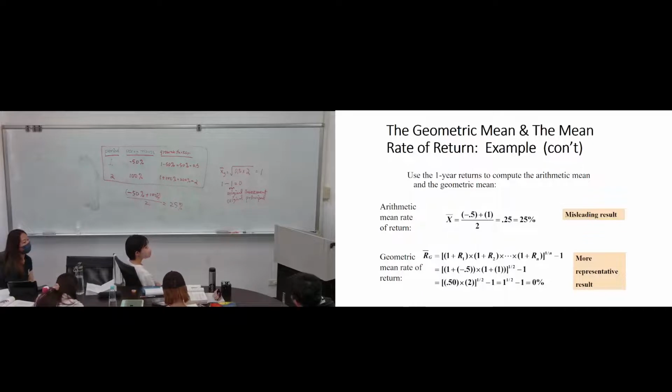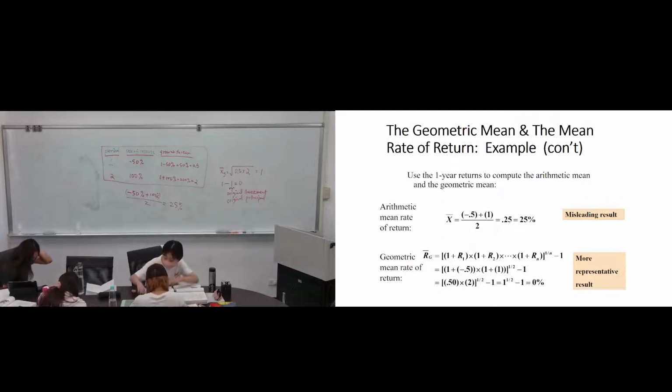So that's the arithmetic mean rate of return, 25%. We just add these 2 rates of return and find the average. That's 25%. But when we calculate the geometric mean rate of return, actually that's 0%. So it more accurately presents the result. The arithmetic mean rate of return might mislead.